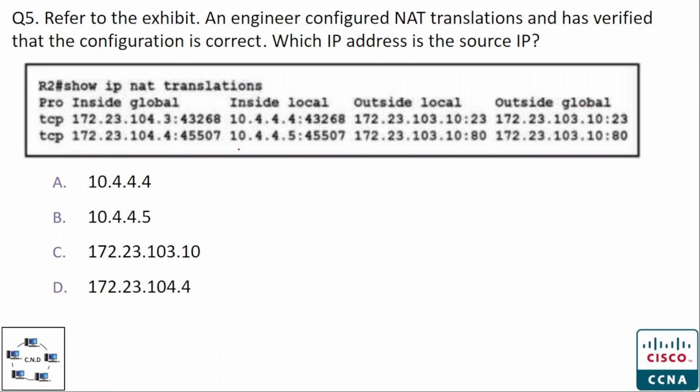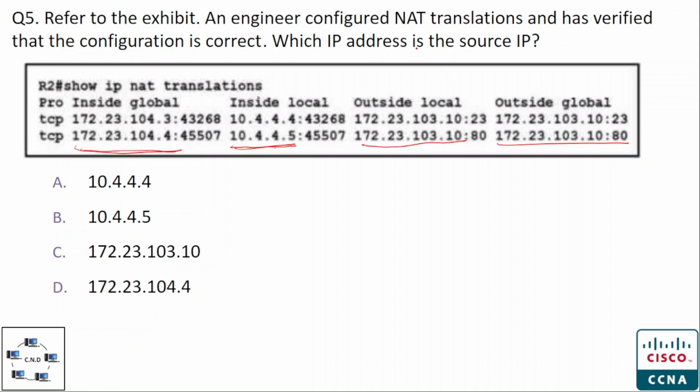These are the inside local private IP addresses that are assigned to the clients. This is the public IP address used by the client to talk with the outside world, and these are the outside IP addresses that you want to communicate with.